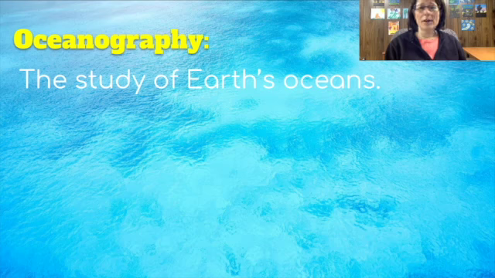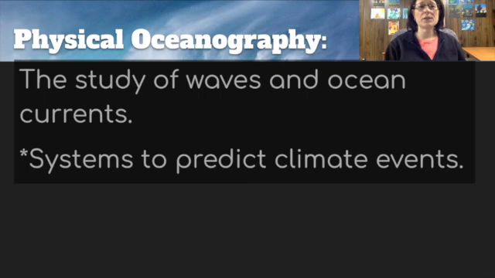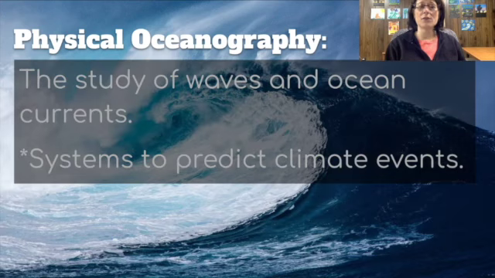Now, another branch that we will talk about is oceanography. This is the study of Earth's oceans. A couple of fields of oceanography are physical oceanography. This is the study of waves and ocean currents. Physical oceanography can be used to make systems to predict climate events, such as hurricanes and just weather patterns.